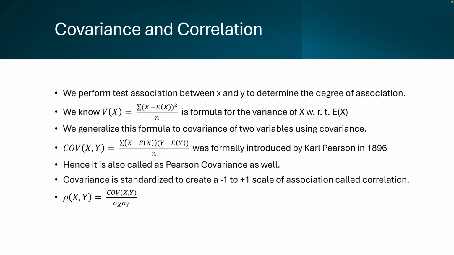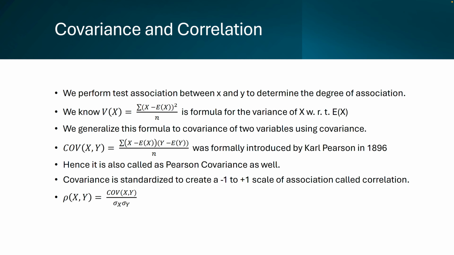We generalize this to the covariance of two variables using the new term covariance. Covariance is given by the product of the differences of x and y from their respective expected values E of x and E of y, averaged. This formula was formally introduced by Karl Pearson in 1896, hence it is also called Pearson covariance.